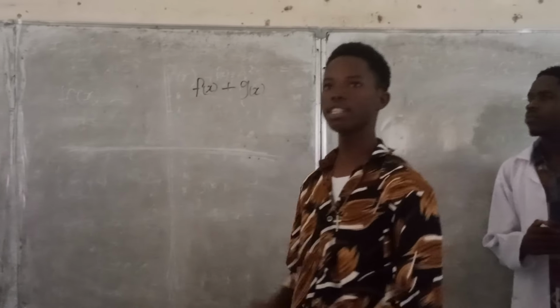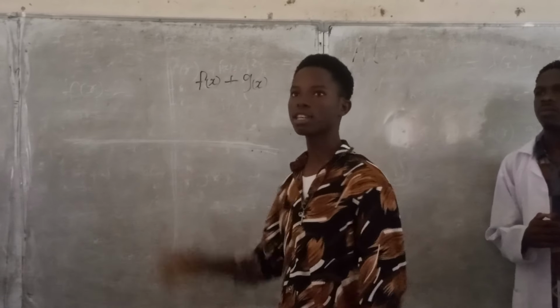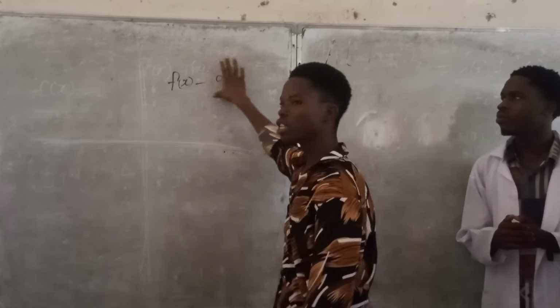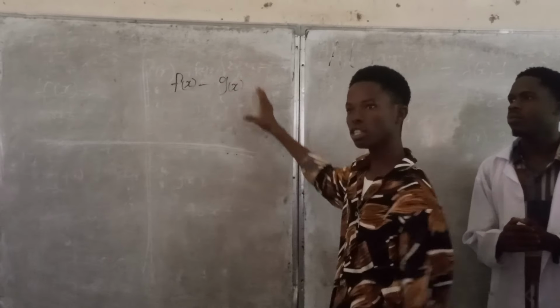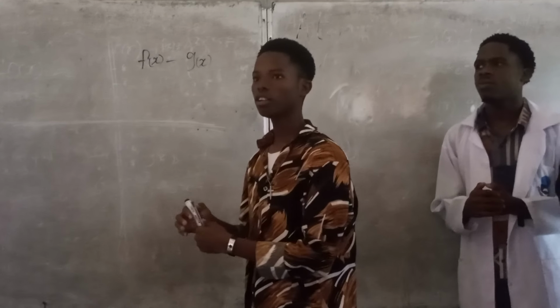When we are given f of x and we are told to add it to g of x, you just bring out the values and add them. For subtraction, just subtract it. In subtraction, you make sure that the second part, which is our right hand part, you bracket it.